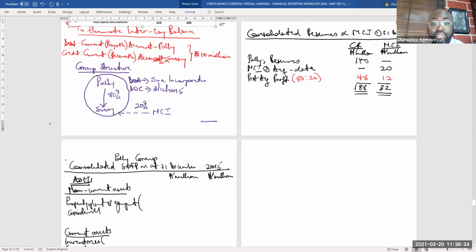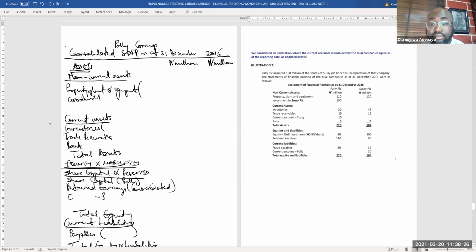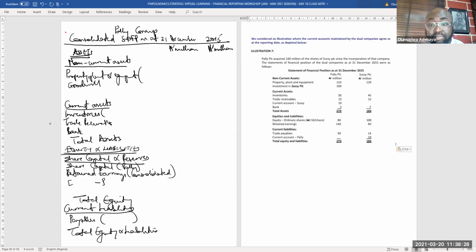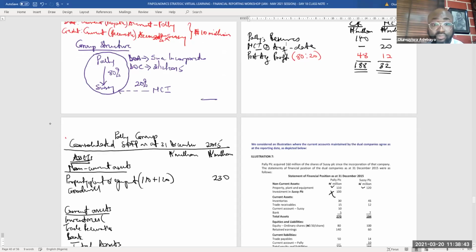PPE 110 and 120, no adjustment. That's 230. Investment cancels out, giving rise to goodwill. We had goodwill of 20. That gives 250.